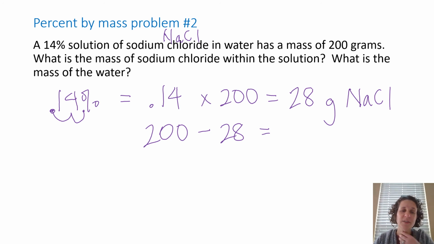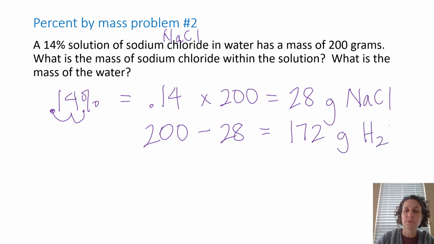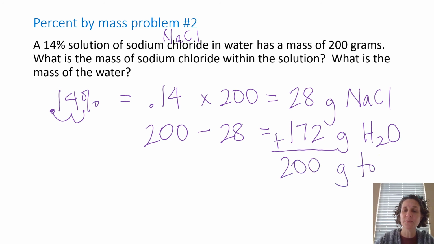And so when I subtract those two, the remainder is going to be the water, 172 grams of H2O. So those two together, and you can even check it if you wanted to. This would be 200 grams, and that's the total. That's the salt and the water added up together. And so that gives me my percentages.